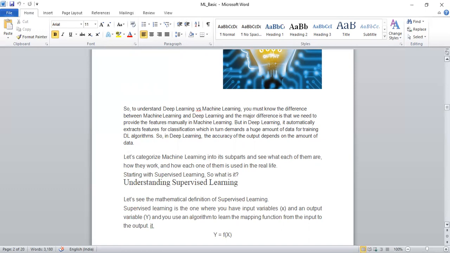So let's categorize machine learning into its subparts and see what each of them is, how they work, and how each one of them is used in real life.